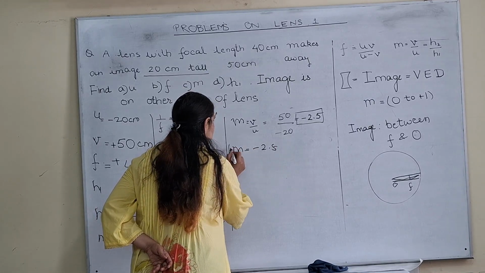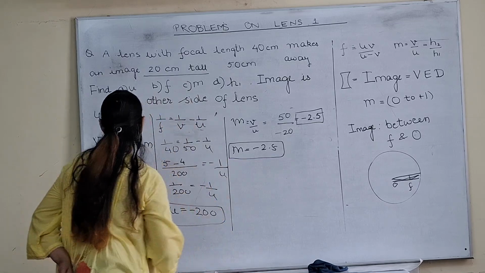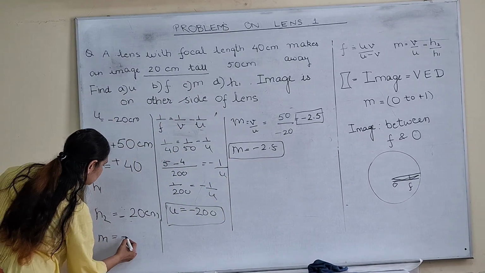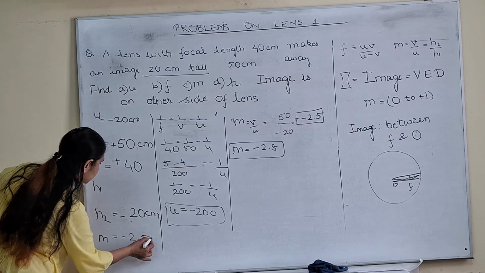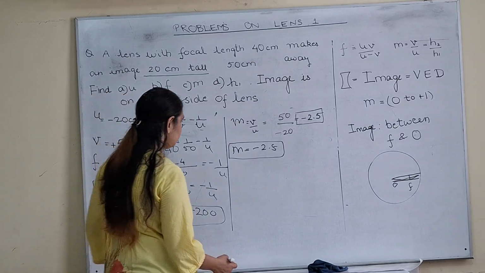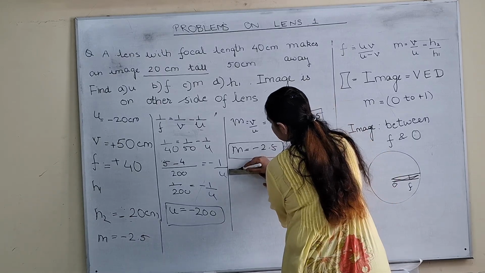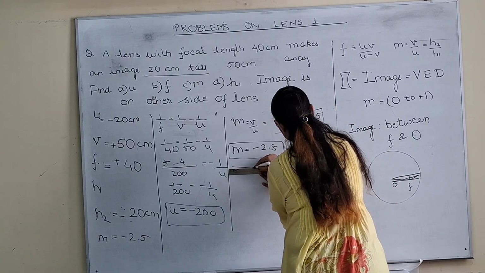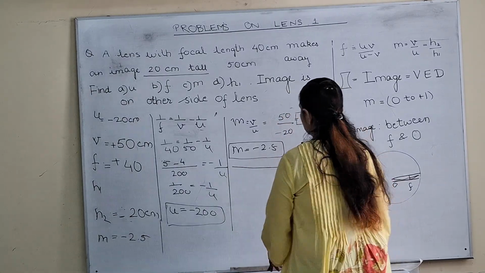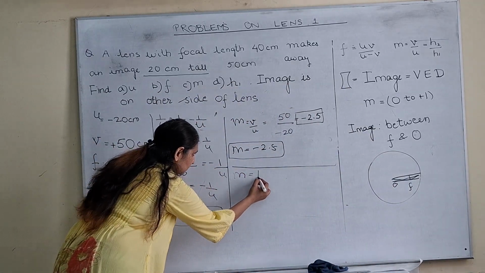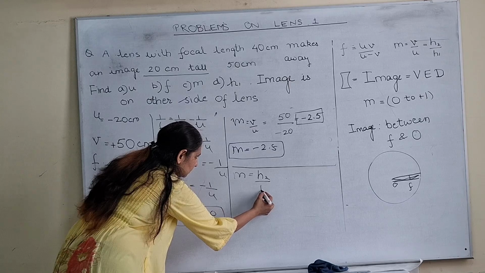Now we can use this fact to calculate the object height easily, because we'll use the formula m is equal to h2 by h1. Okay, so magnification is equal to h2 on h1.